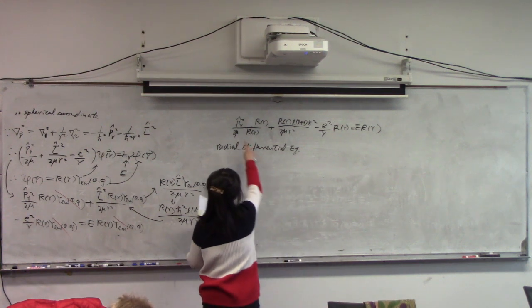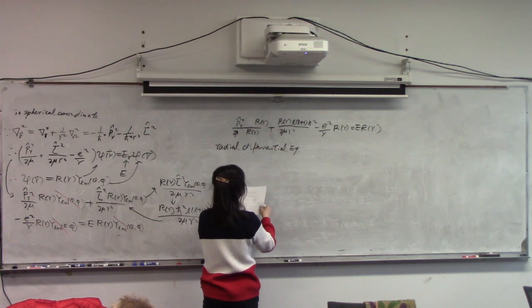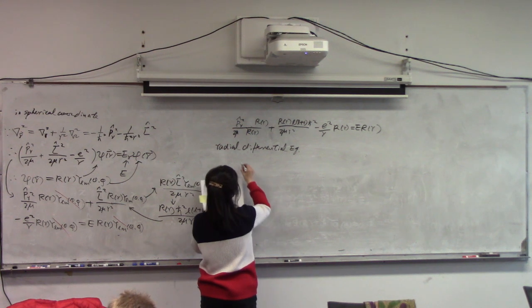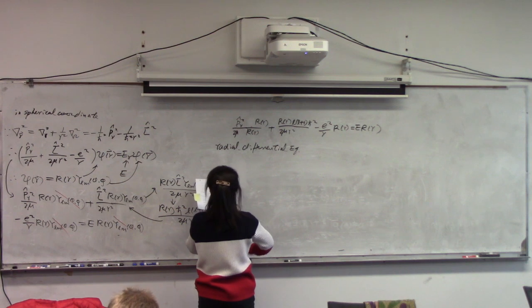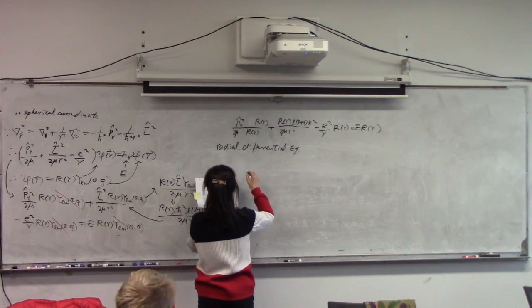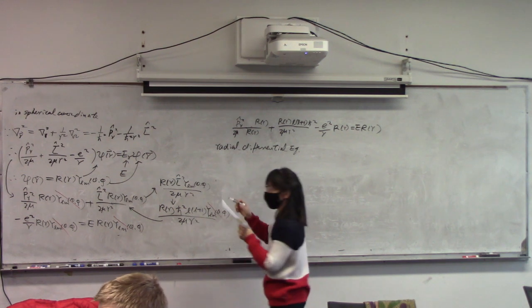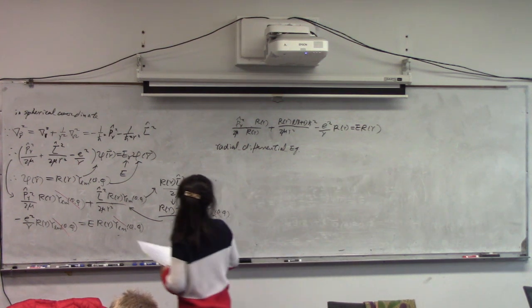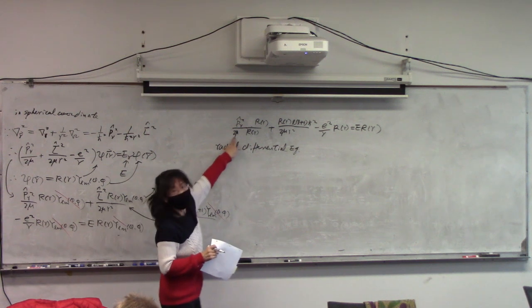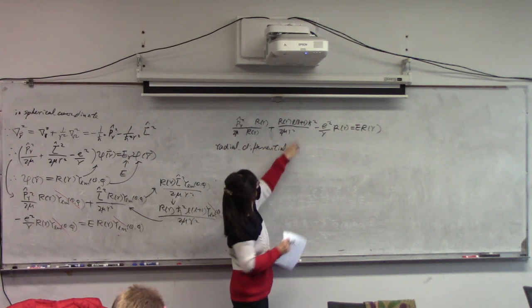So okay, now I'm going to replace P_R. Finally, this equation is reduced to this. In the denominator, is it R or which one? This one, 2 mu R squared.